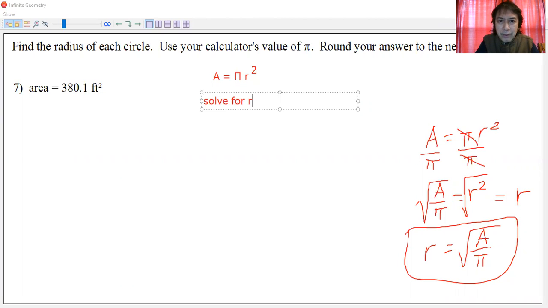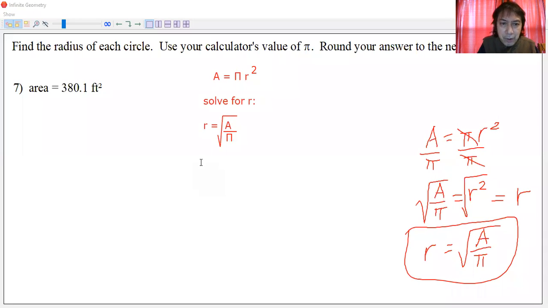Okay, solve for r. We have r is equal to area over pi, right? And this will have to be division. And then after dividing, we get the square root of the quotient. There, like that.